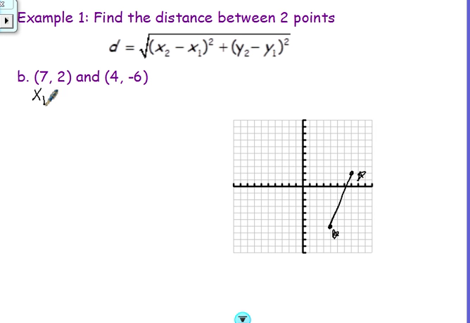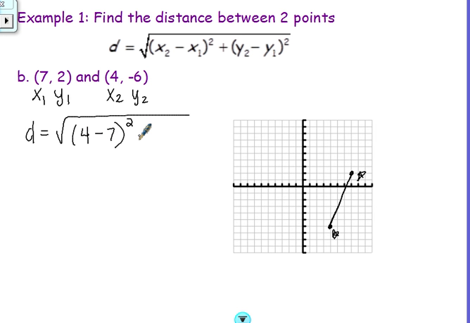Plugging these numbers into the distance formula. x1, y1, first point. x2, y2, second point. So our distance, x2 is 4, minus x1 is 7, y2 is -6, minus y1 is 2 squared.